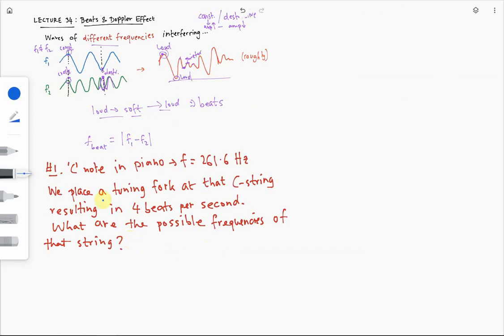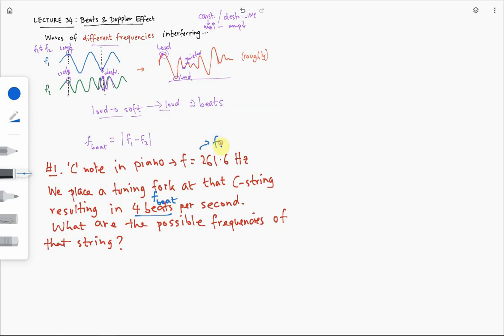Here we have a C note on a piano string, which has a frequency given to be 261.6 Hertz. Now, to tune this piano to this particular note, we place a tuning fork at that note, the C string, resulting in 4 beats per second. So clearly we have the beat frequency here, f beat, and we have one of the frequencies given to us.